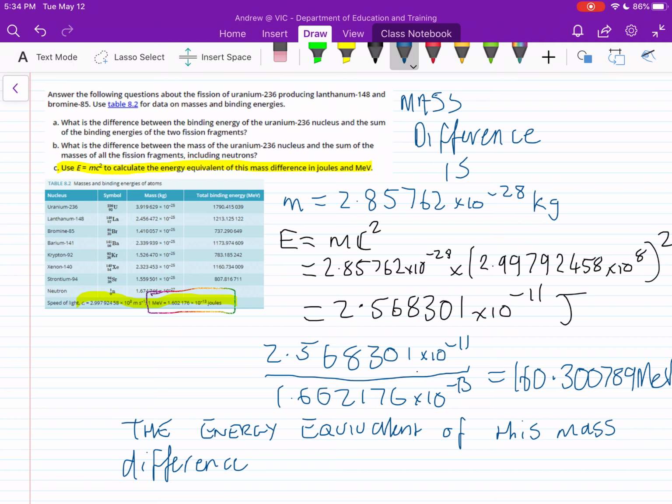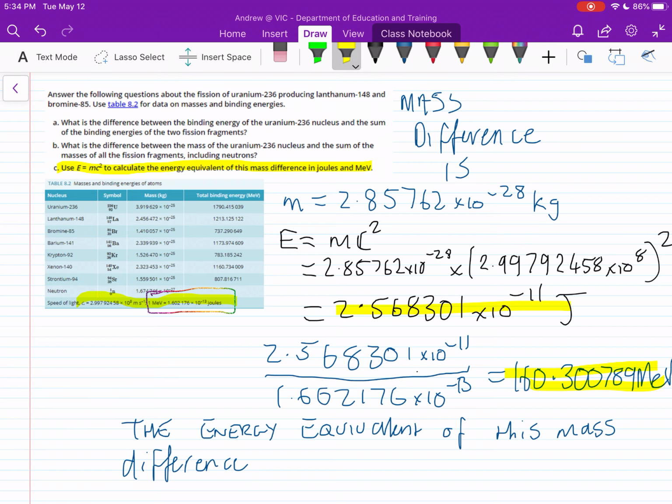This mass difference, and just state your answers there. I'm not going to write them out again, so state this answer here or this answer here or both, as it does say joules and mega electron volts, so better to do both.